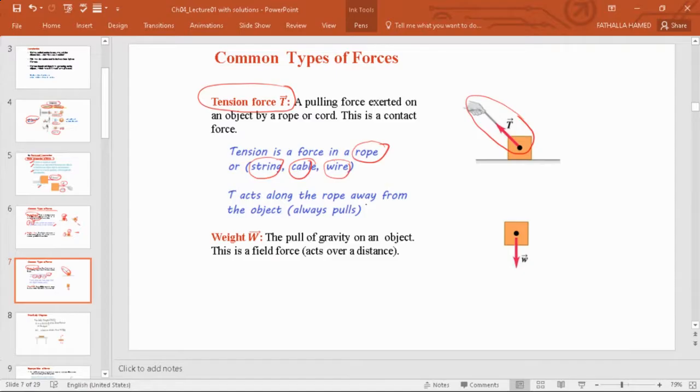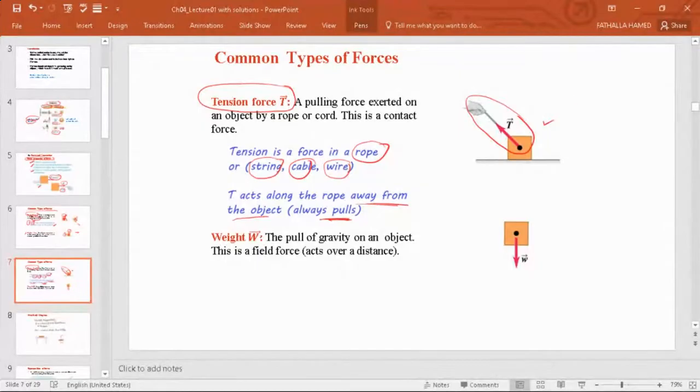And always it's acting away from the object because you are pulling. You don't push with ropes or cables or wires or strings. You only pull. So that's basically the common type that we're going to encounter.